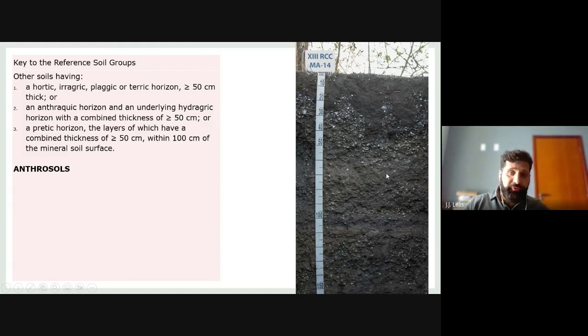Okay, so as in this example, this is an anthrosol because we have a pretic horizon, that's this shale-rich horizon. This is a pretic horizon, okay, and it has much more than only 50 centimeters. So this is an anthrosol, very easy to identify.